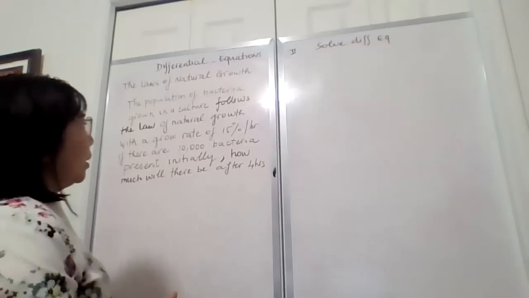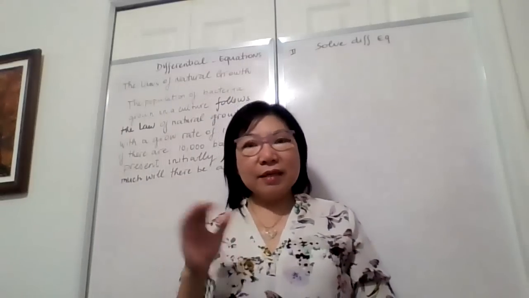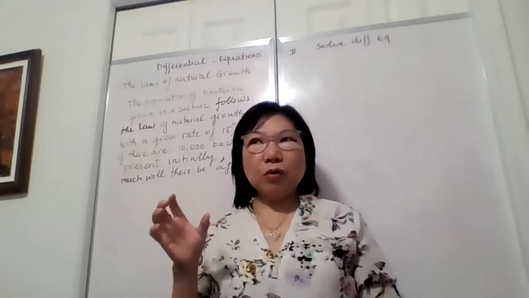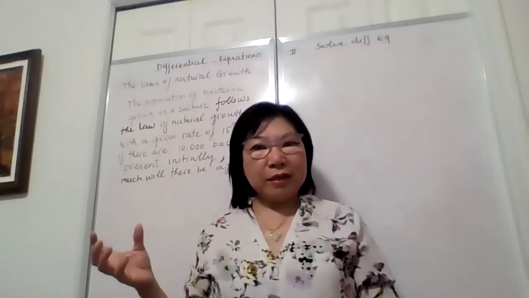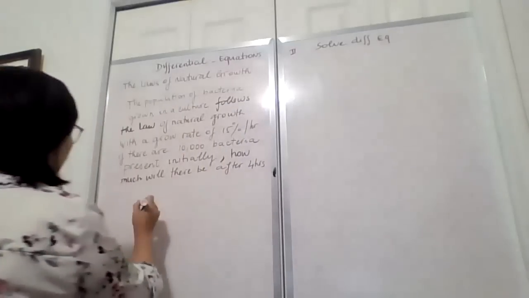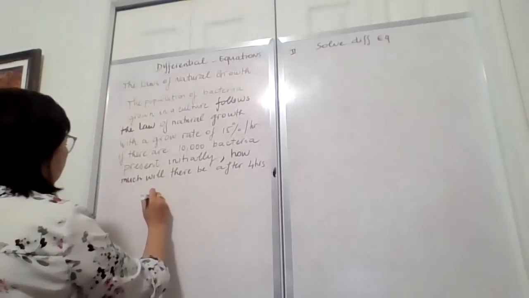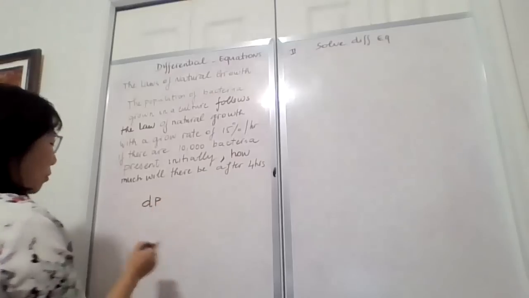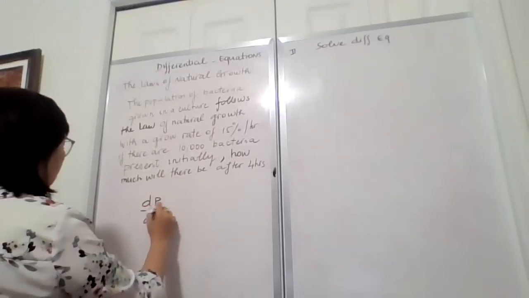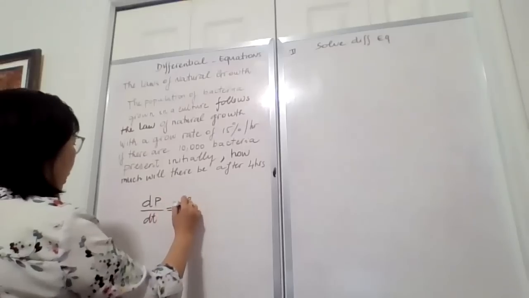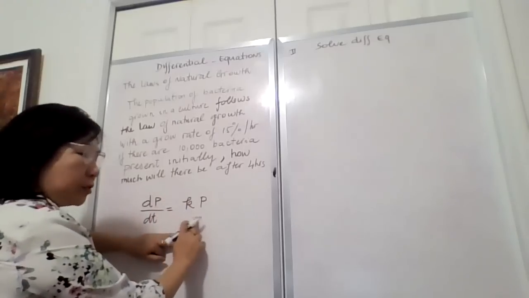So let me denote that any growth rate follows the proportion of its body, right? So by common sense, we have dP over dt, where P represents the population, equal to kP, where k is the rate of growth.